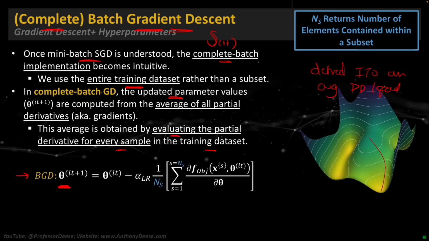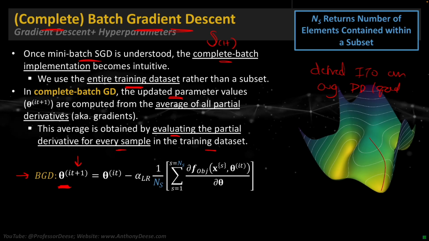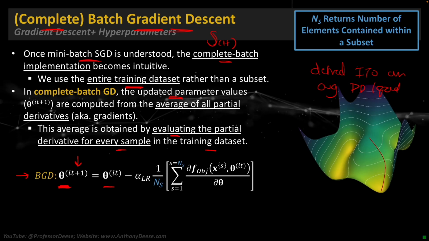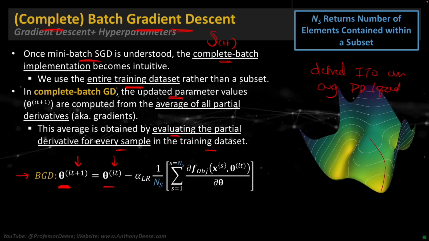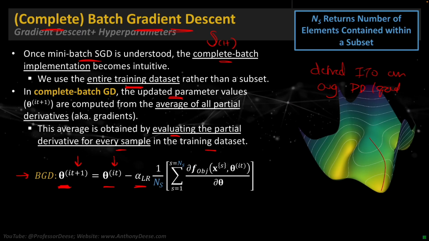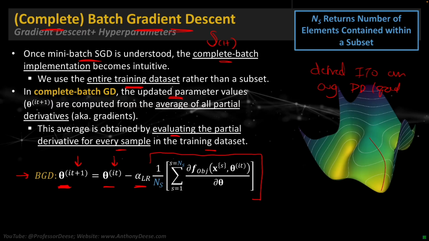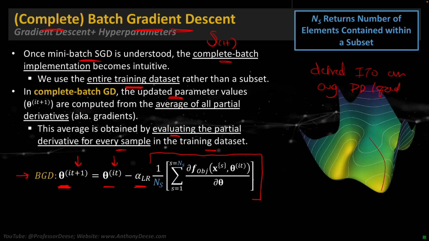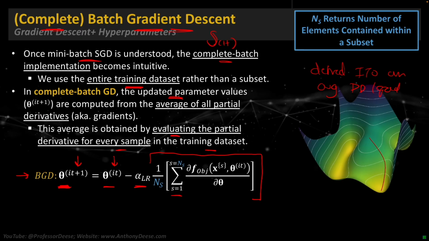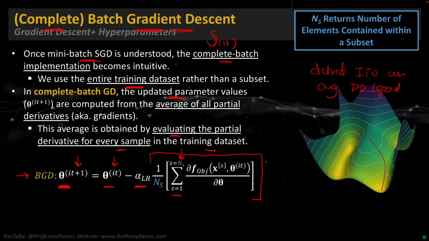We want to define an updated parameter array for iteration it plus 1, and that's equal to the previous or current value of the parameter array for iteration it minus the product of 2 factors. We have the learning rate alpha as well as the average partial derivative for all samples within the training data set. So we see that this sum starts at s equals 1, it goes all the way to s equals n subscript s, which is the size of the training data set.